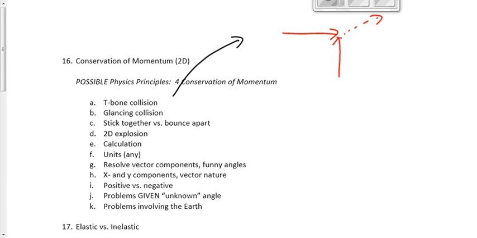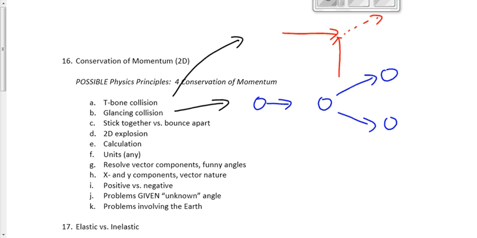We have what we call a glancing collision, which is something like this. Two objects hit each other, not straight on but kind of at the edge, and one is sent one way and the other another way. And then, of course, we have the explosion, where one object splits up into three or four pieces like this.